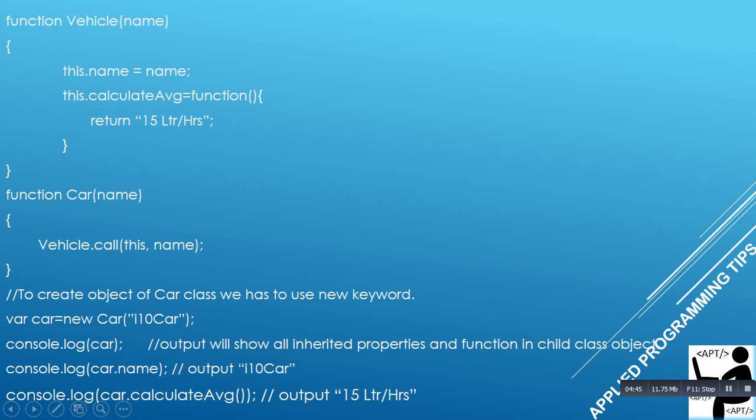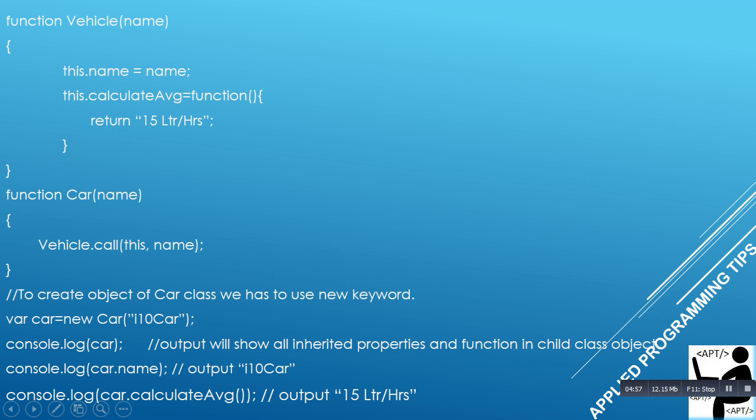You can see here I passed the context and the name of the car. Here we will create the object of the Car class. You can create an object of the Car class just by writing new Car and passing the name of the car.